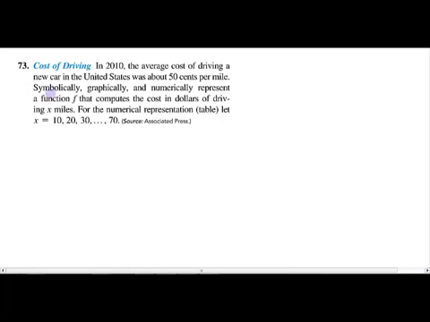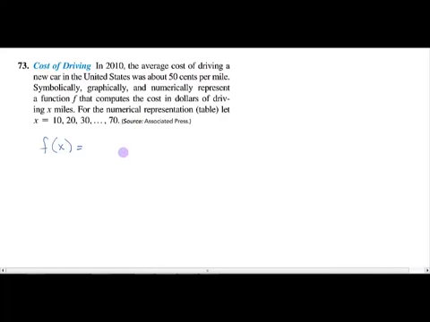So our first step is to find a symbolic representation of this function. They want us to use f as the name of the function. So we have f of, and they want us to use x as our input. So f of x computes the cost in dollars. The cost of driving a new car is about 50 cents per mile.